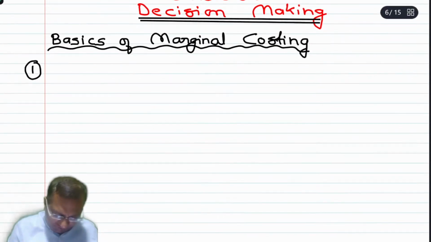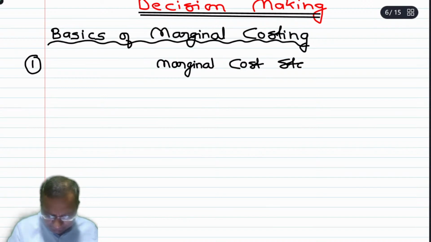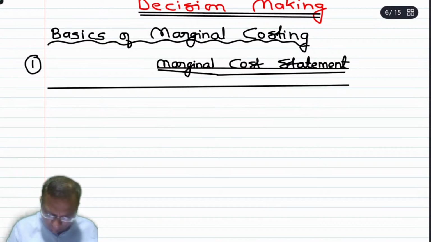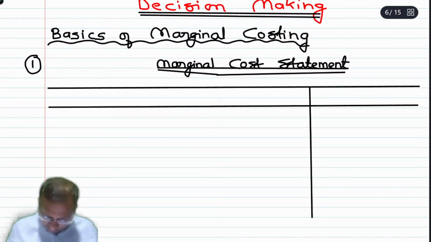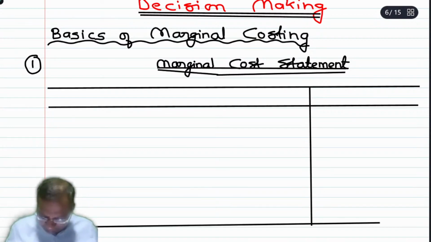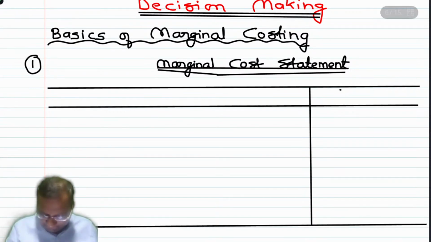So the first basic I want to start with is the marginal cost statement. Each and every student knows the format, but since this is also very important at final level, that's why I am writing this concept in your copy.